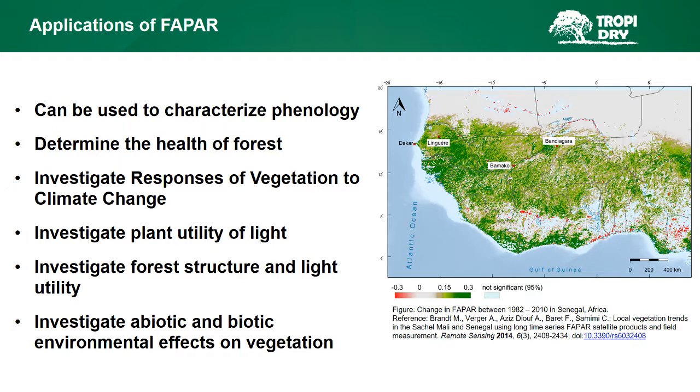You would be able to see that in an unhealthy, infested forest, your FAPAR is generally going to be lower than in a totally healthy forest. And so it allows us to monitor and understand how the ecosystems are actually responding to these different factors that are affecting them.